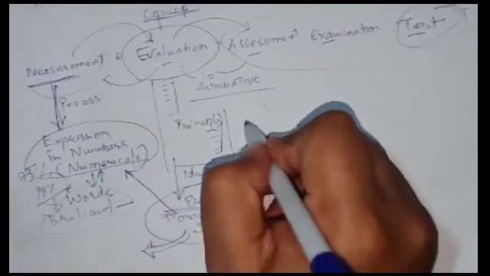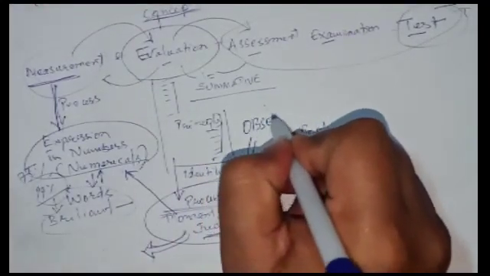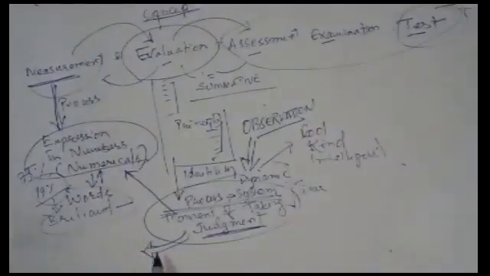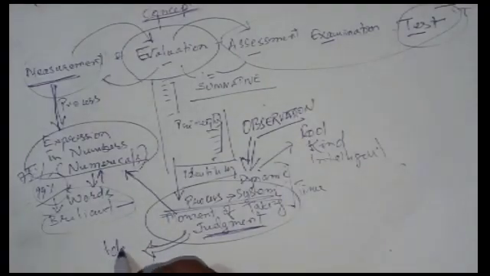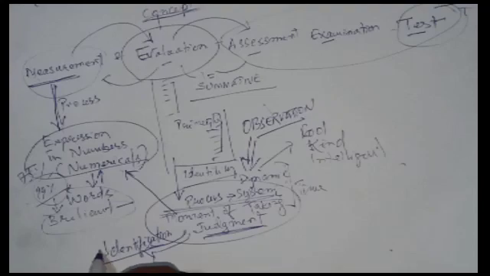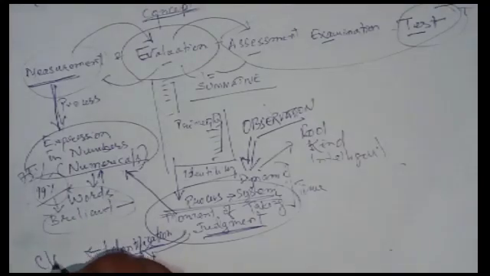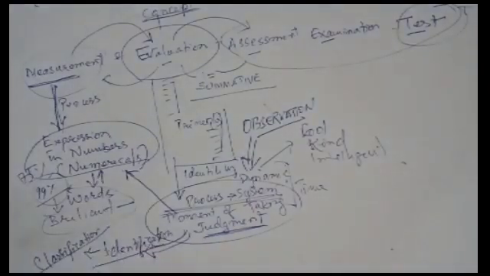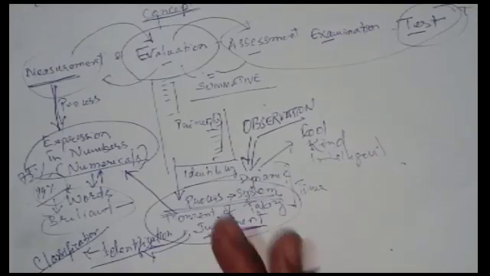Observation, and when a moment comes up to decide something, identification. Then this identification can further lead to classification. So a biology teacher or a biology student must be very thorough about this.